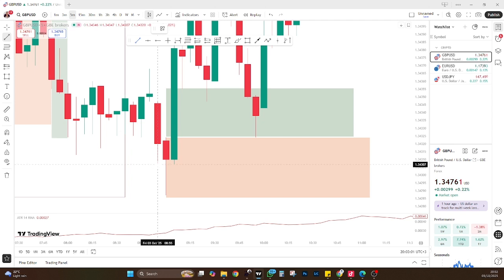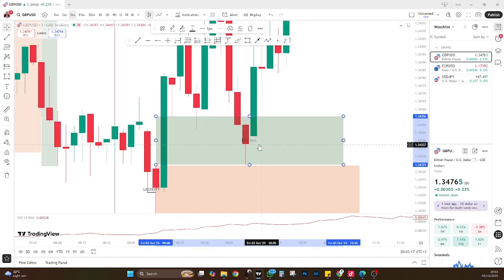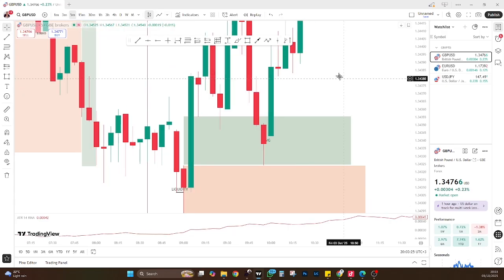What is this? Can you see that? That is liquidity swept. Does it have FVG? All this move is FVG. Can you see this? This one I have drawn here. This is FVG.